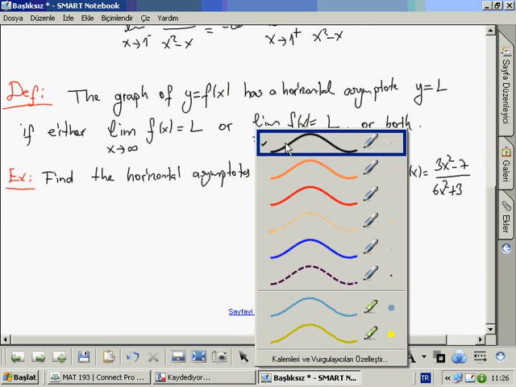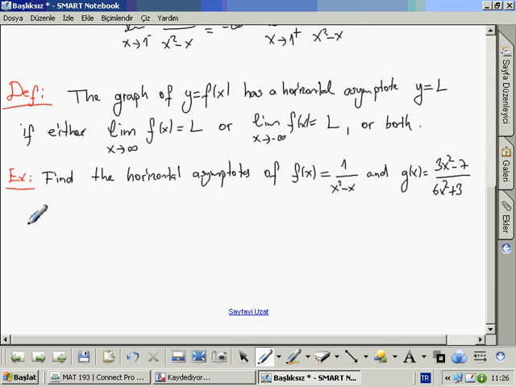The limit as x approaches minus or plus infinity of 1 over x squared minus x is equal to 0. So y equals 0 is a horizontal asymptote.